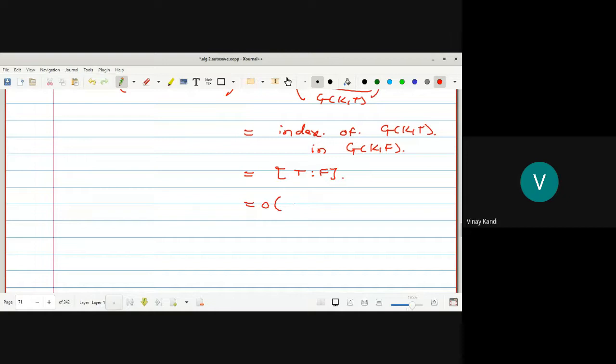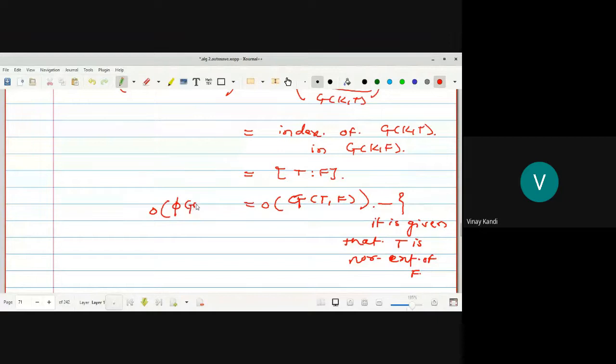GTF. Okay, now it is given there. What is the reason for this one? It is given by the corollary that T is a normal extension of F. So the order of phi of GKF is equal to the order of GTF.